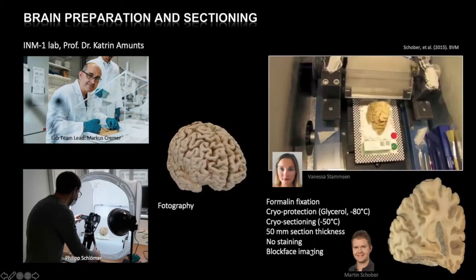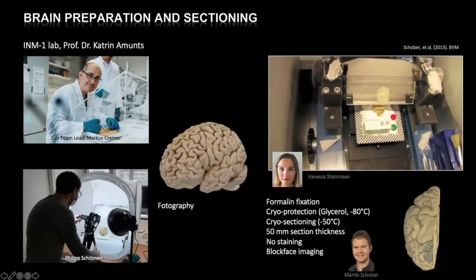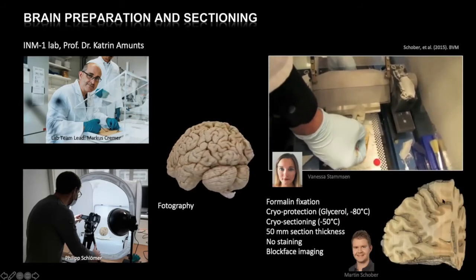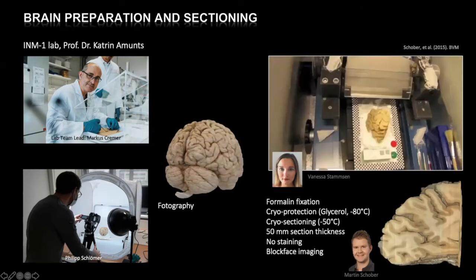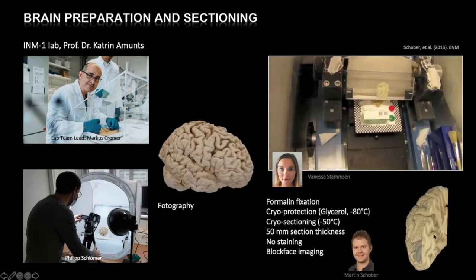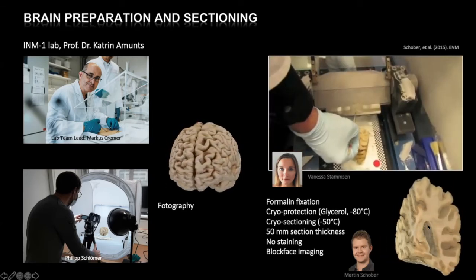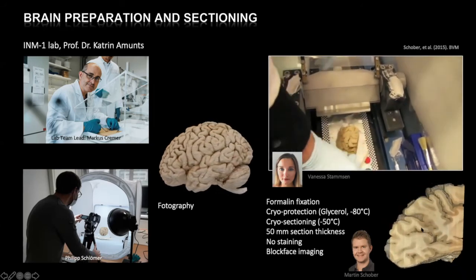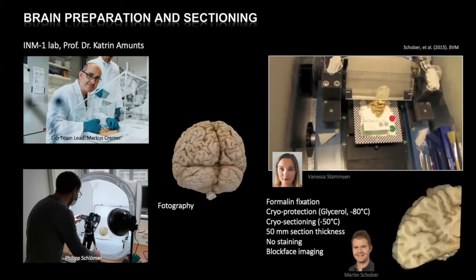In addition, we always acquire block face images, which are simple photographs from the top of the block, right? And these block face images we can use to reconstruct the brain tissue very quickly, and we can use this kind of reconstruction you can see on the bottom right side here for the 3D reconstruction at the very end after doing all the microscopic measurements.